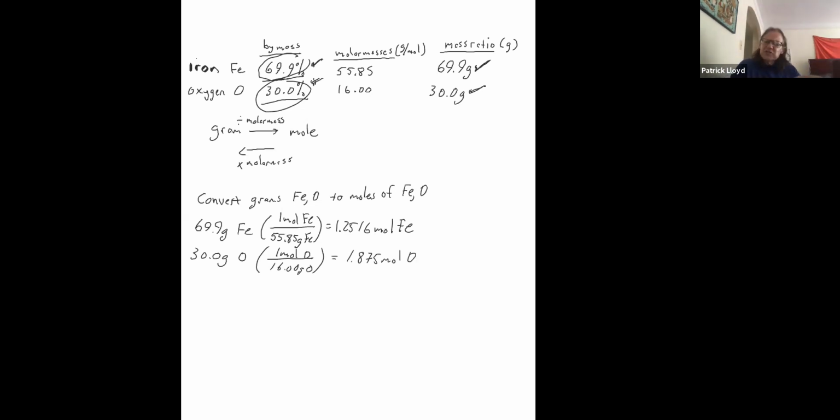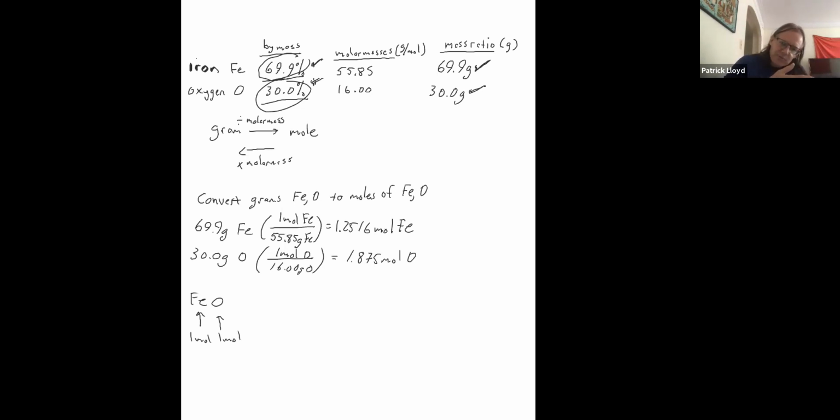Okay, now the reason that we're looking at converting them to moles is the following. When you look at a chemical formula, so let's say the chemical formula is FeO, we can interpret that as meaning 1 mole of iron and 1 mole of oxygen. Because remember, a mole is just a number.